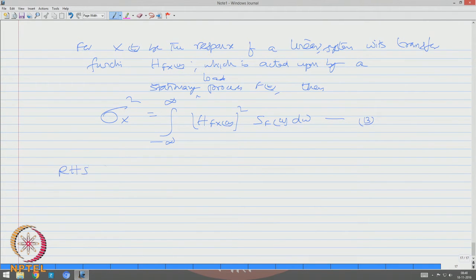The right hand side of the above equation is actually to be computed numerically.